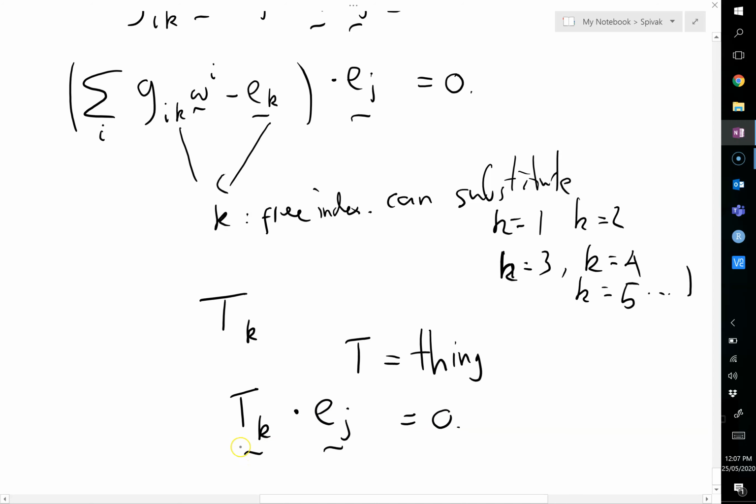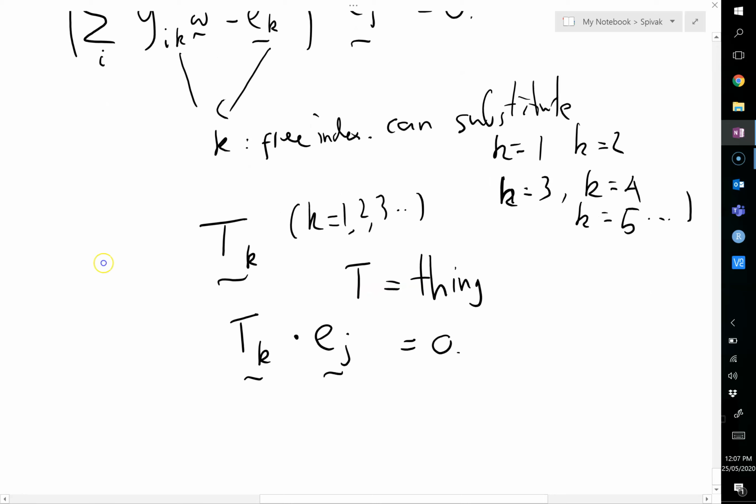Why is t_k a vector? Because it's a sum of vectors. This is obviously a vector, and here's another vector, but we're multiplying it by a whole bunch of scalars, so it's still a vector. So t_k is a vector, and I can put k equals 1, 2, 3, or whatever I want in there.